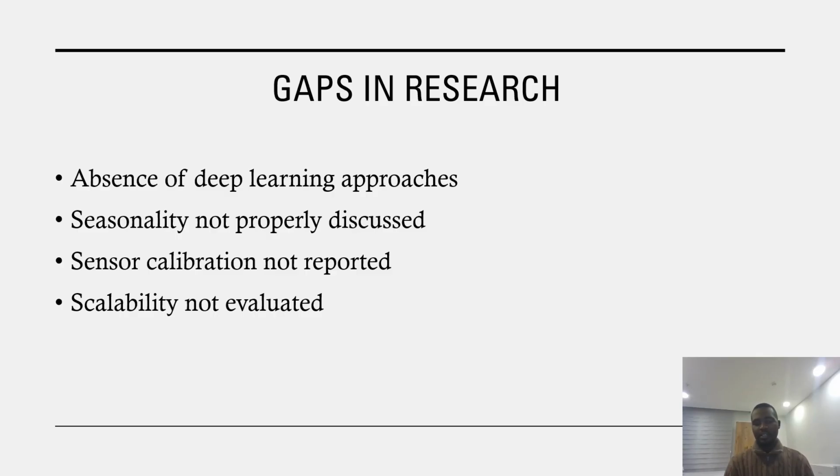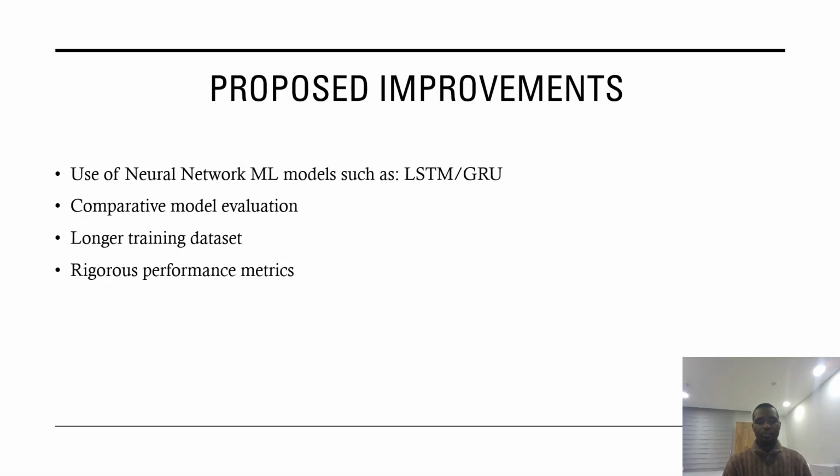In order to improve upon this, I propose that a neural network model such as the LSTM or the GRU is implemented, and also there should be a comparative model evaluation between the ARIMA and these neural network models to see which one gives us much better performance.